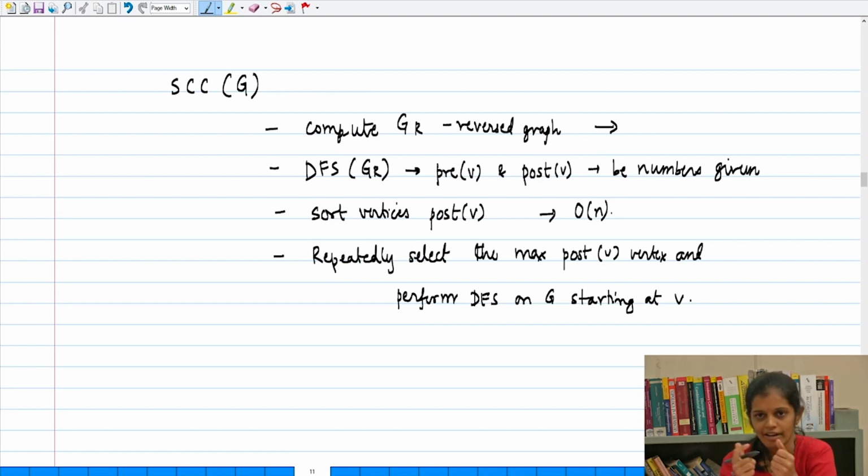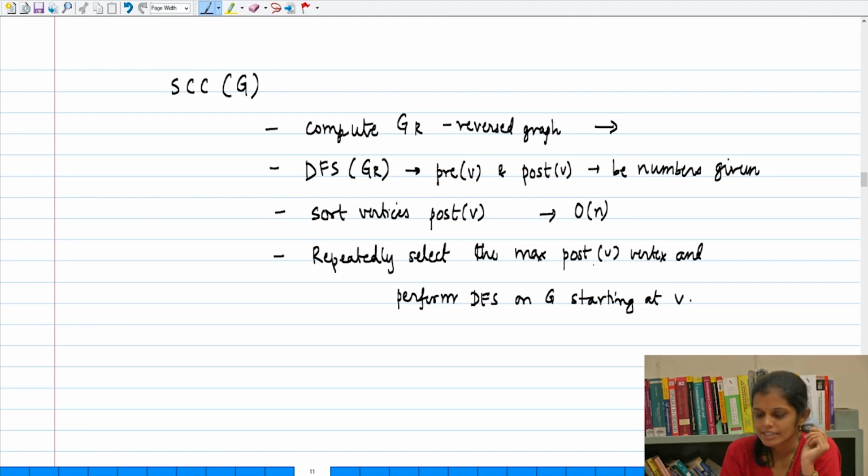If you have n arbitrary numbers and you are doing any comparison based sort, then you will require theta of n log n time. But these numbers are in the range 1 to 2n, and you should make use of this fact to show that you can in fact sort these numbers in time which is only order n. This is a very small exercise, very interesting if you haven't thought about it. So just think about it. If you don't get it, please ask me after the class.